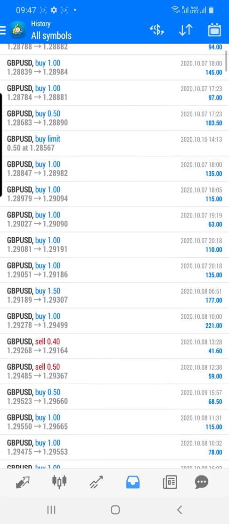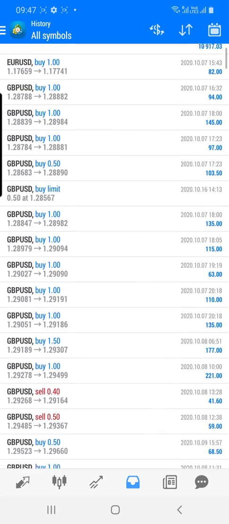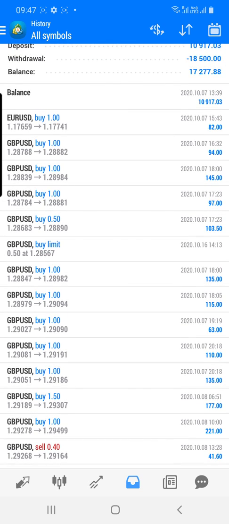As you move down, first of all, you notice that in managing my risk after making this deposit of 10.9, I usually use one lot maximum and 0.5 minimum. At some point I dropped it to 0.3 minimum, 0.4 minimum, but one lot is the maximum because I'm trying to manage my portfolio.